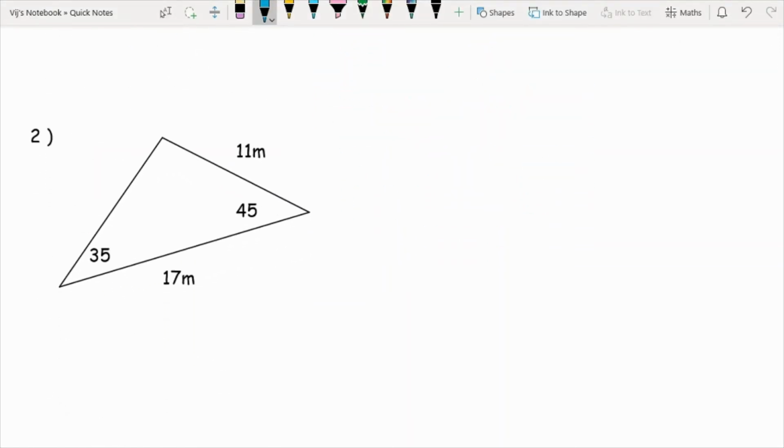Moving on to our second example. Here I've been given two angles and two sides. Again, because I've not been given the height, I'm going to use the formula of the area is equal to a half AB sine C. With this I've been given two angles, so the question is, which angle do I use? In order for us to use this formula, A and B need to be the two connecting sides that form the angle.